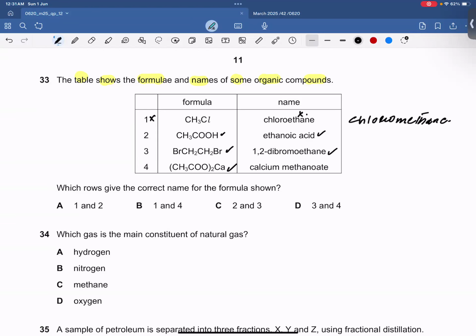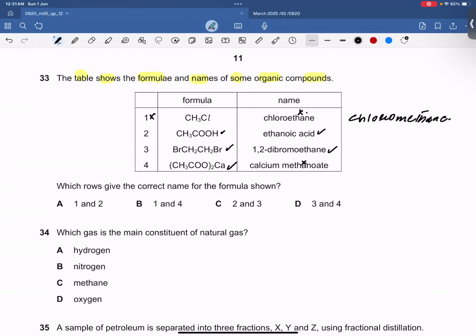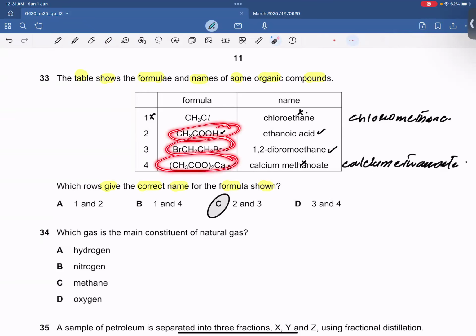This is calcium ethanoate, and that's incorrect. We have done this calcium ethanoate in the class. So which row gives the correct name for the formula shown? Okay. Second and third is basically the right answer because in the second and third, the name and formula are given absolutely correct. And we have done both in the class. We have done, in fact, these three in the class.